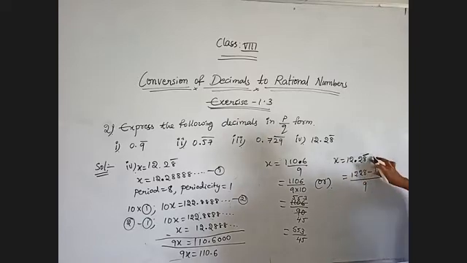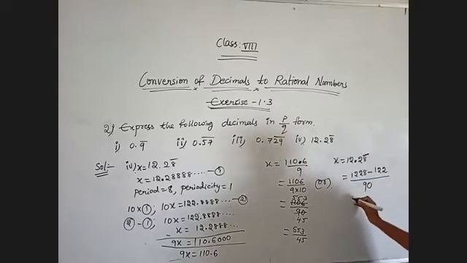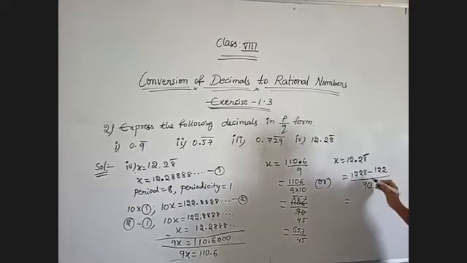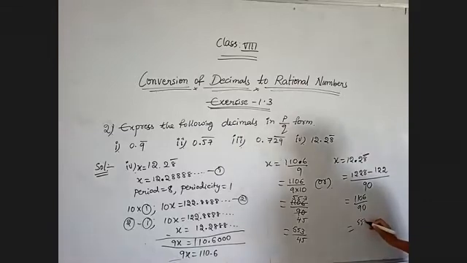Only 1 digit has the bar, so we take 9, and the other digit does not have the bar, so we take 0. Now the calculation. 8 minus 2 is 6, 2 minus 2 is 0, 2 minus 1 is 1. 1106 by 90. So again the same number. We will get 553 by 45.